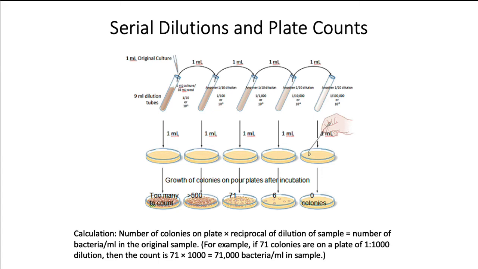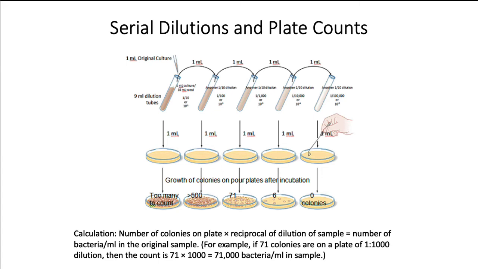So, for example, in this particular diagram, you can see that you start with 1 in 10 and you go all the way to 1 in 100,000. And you will see, as you can see on the plates at the end, that you will go from a lot to very few or none. And you will be looking for a number of colonies that can be counted, but they are enough not to be just error in the system.